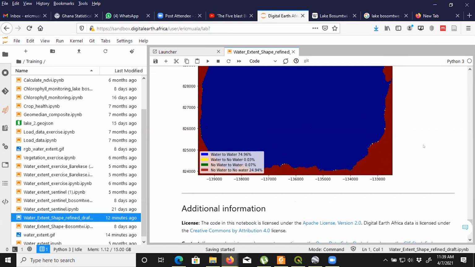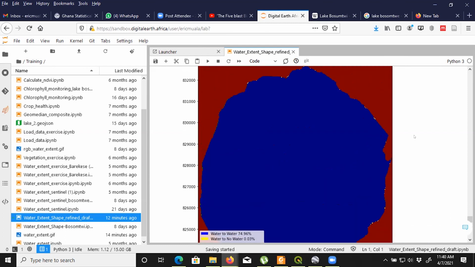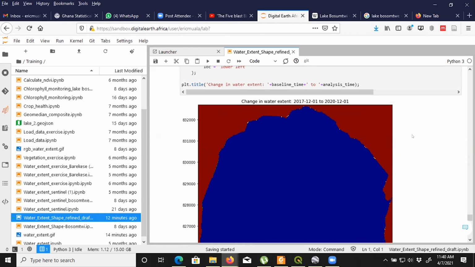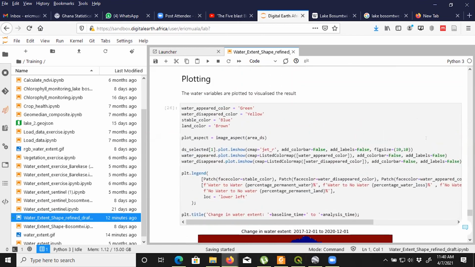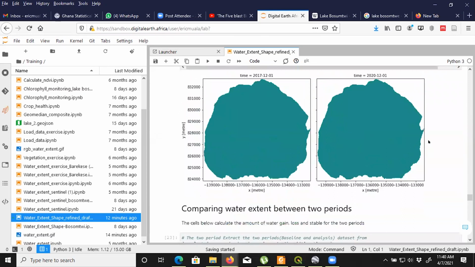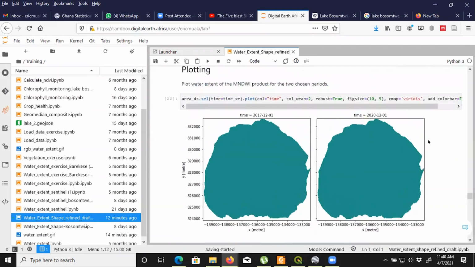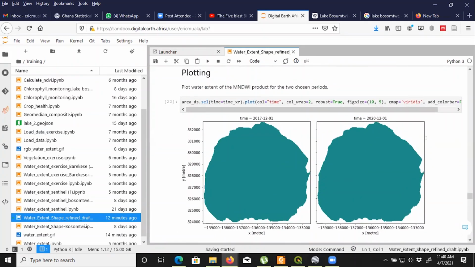Okay, thank you, Ken. One of the things that we took notice of while doing this use case was that the data used here was a Sentinel product. I think Eric has made mention of that, and we just wanted to find the effect on that water body over the period using the Sentinel data.